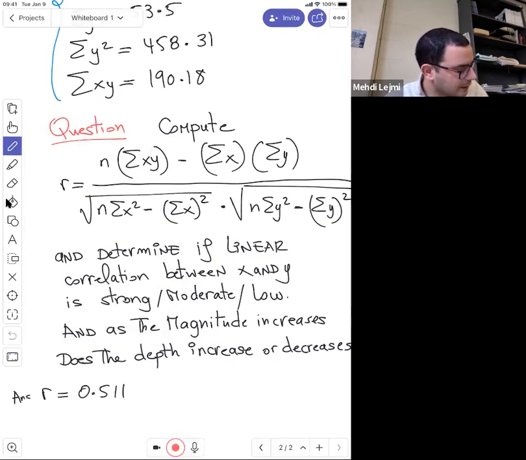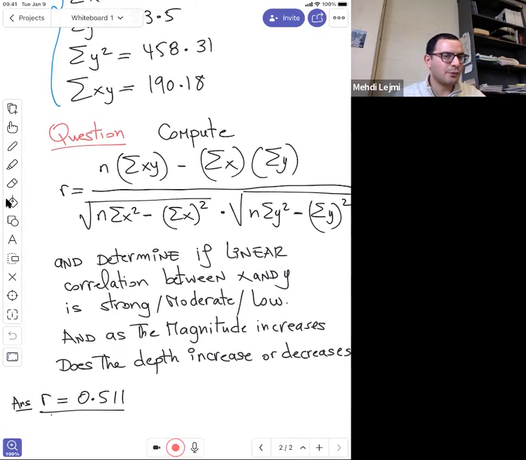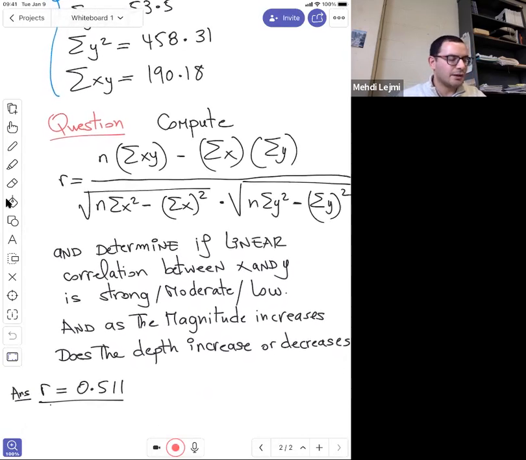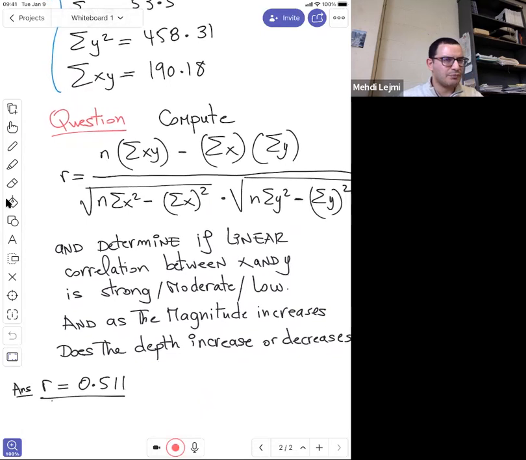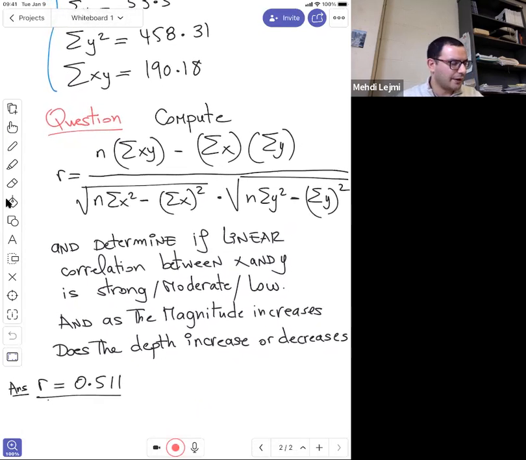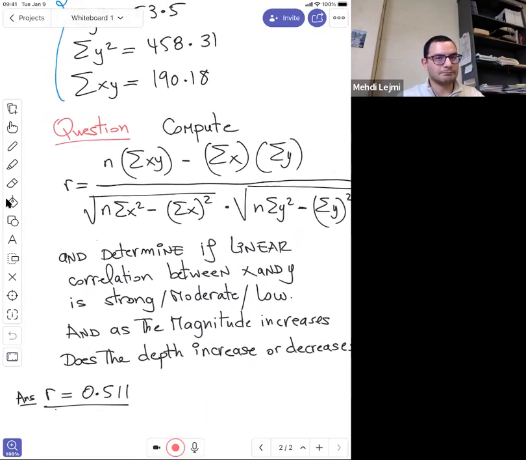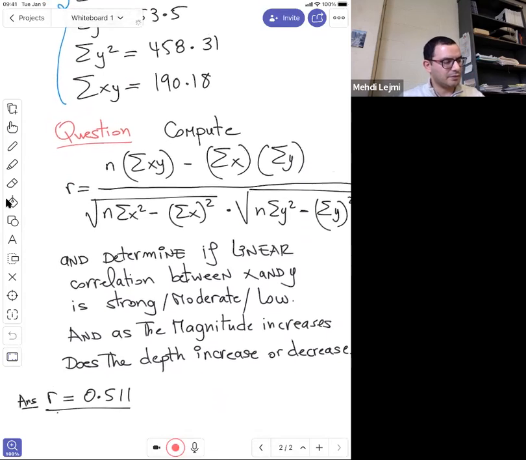That's supposed to be the answer. So if you don't get 0.511, it doesn't have to be exactly 0.511. If it's very close to 0.511, then that's fine. But if it's very different, then you probably made a mistake somewhere.